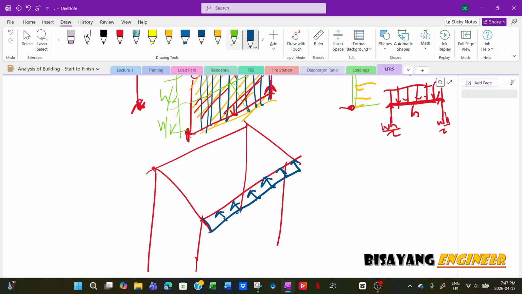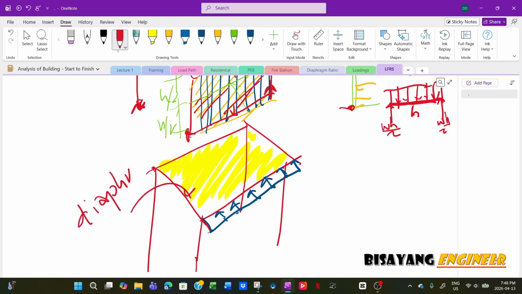And now this roof is now a diaphragm. So this is what is called a diaphragm. So, roof diaphragm.